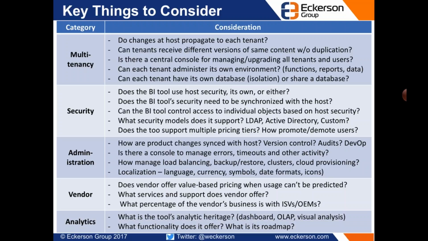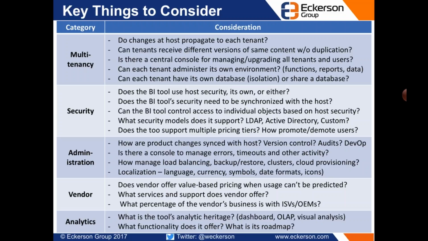And then finally, the thing that most people look at first when they evaluate BI or analytics tools is, well, what functionality does it support from an analytics perspective? And a lot of that, at least the strengths in that area, can be found if you understand where the tool's heritage is. How did it start out life? That's usually where it's best. And make sure that maps to what you want to do most with the tool.